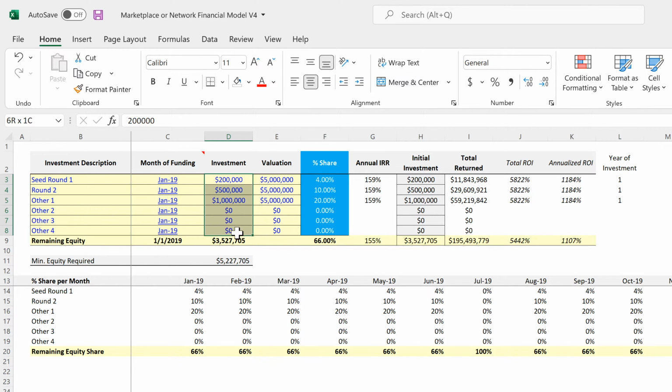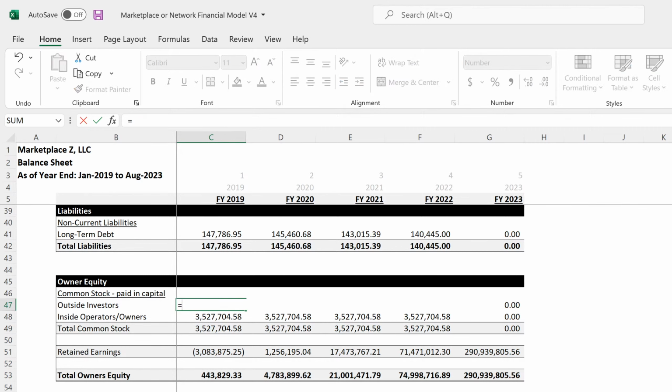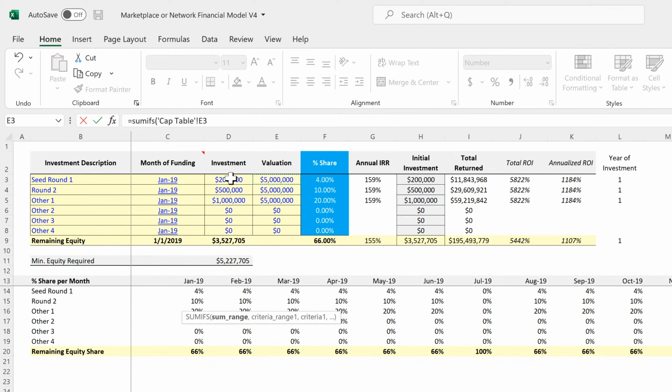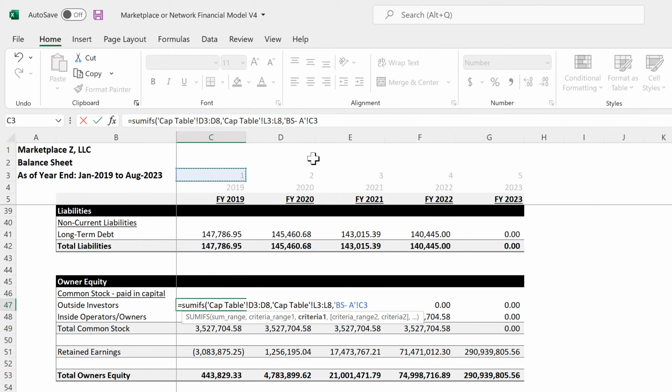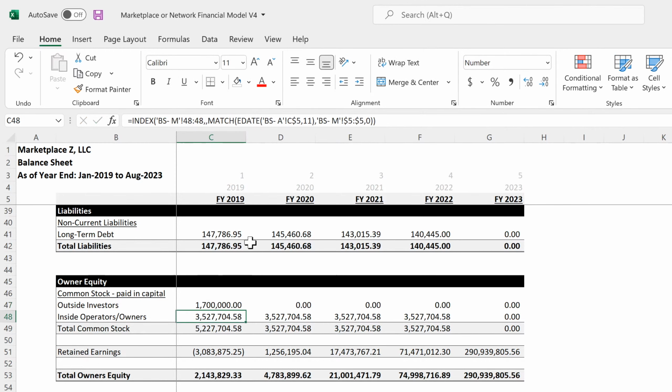So I could just sum up these based on this, and this is always going to be 1 hard-coded. All right. So let's go. Sum ifs, cap table, take these investment values if our year is equal to this year. Lock the L's and the D's, right?